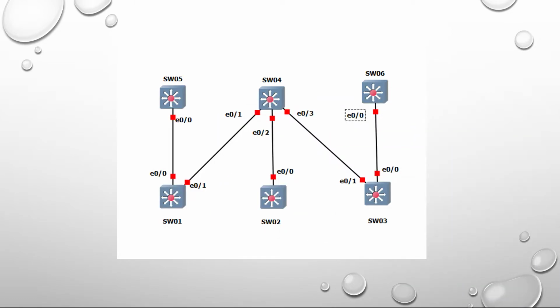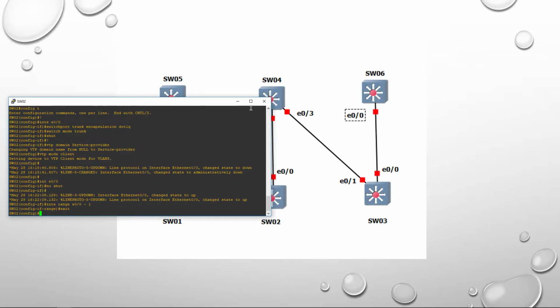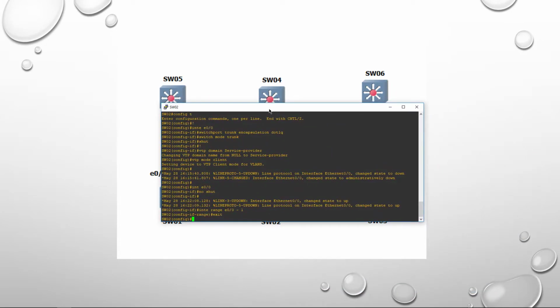Then on switch 1, switch 2, which is like a standalone switch there, grabs the VLANs directly from the VTP server.